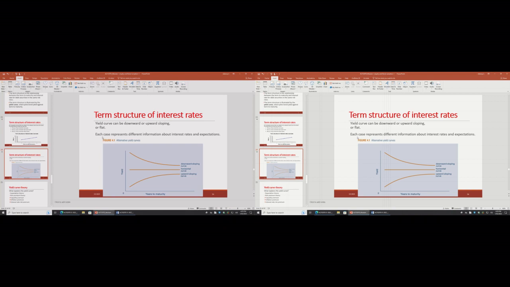You will not know what the return for an investment could be in the short run. So they will prefer long-term investment, because they can lock in the same rate for the long term. That will reduce uncertainty. So people will rush into long-term investment.